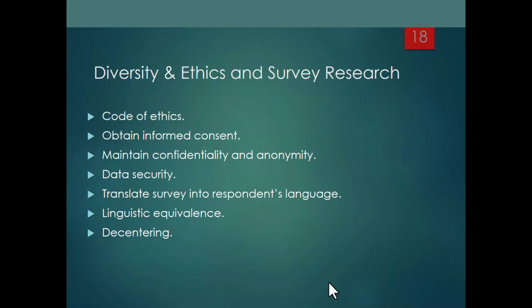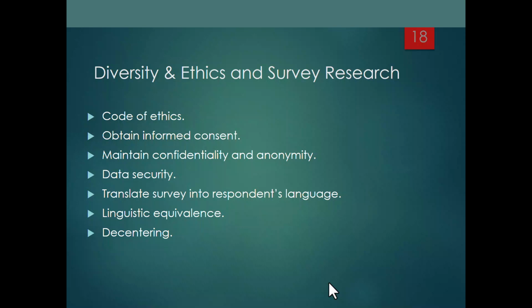So diversity and ethics is also important to consider in survey research. Ethical surveying means not violating the NASW Code of Ethics and professional codes. Researchers must make sure that they obtain informed consent from every single respondent.